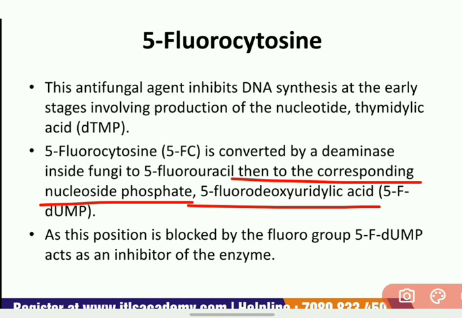This compound then acts as an inhibitor of thymidylate synthetase, which normally produces dTMP from uridine monophosphate by addition of a methyl group, supplied by a folate cofactor, to the 5' position of the uracil ring.